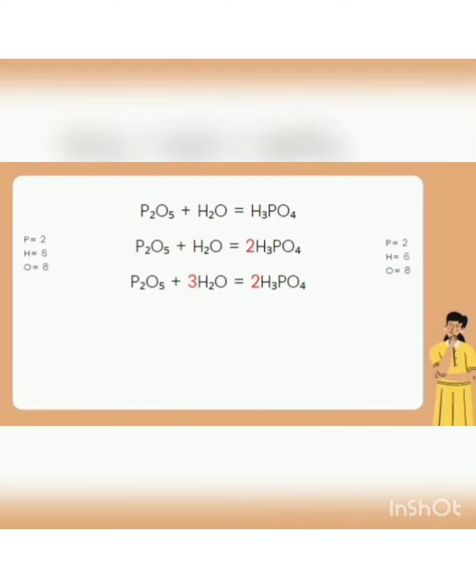Because the number 3 is multiplying the hydrogen with the coefficient 2 and the oxygen with the coefficient 1. And if we compare the numbers that we wrote, P is 2, H is 6, and O is 8. What does it mean? That we have balanced this chemical equation.